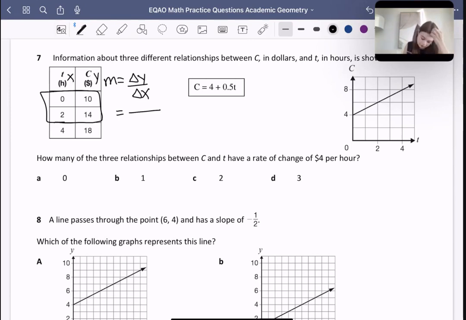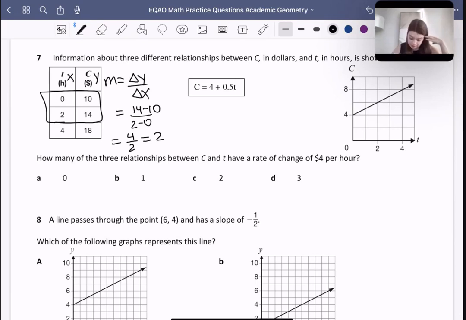So here we have 14 minus 10. And then for x, we have 2 minus 0, which means we have 4 over 2, which is 2. So here the rate of change is 2, right? It looks like we start by getting $10, even if we worked no hours.